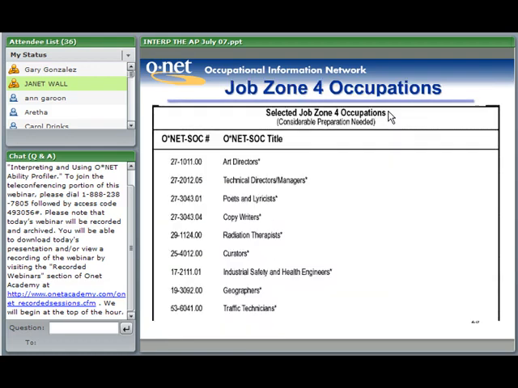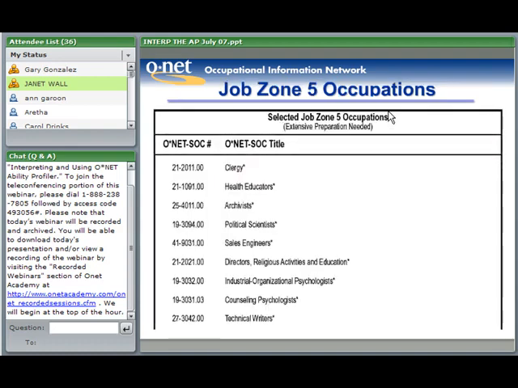Job zone 4: art directors, technical directors and managers, poets and lyricists, copywriters. And job zone 5: clergy, health educators, archivists, political scientists, sales engineers, directors of religious activities and education, technical writers, counseling psychologists.